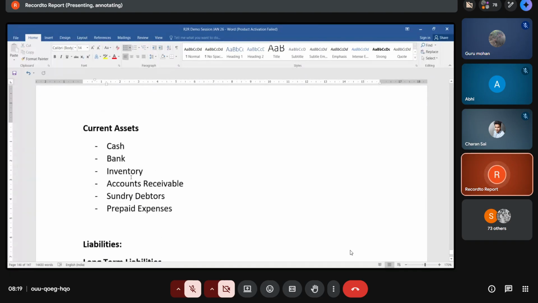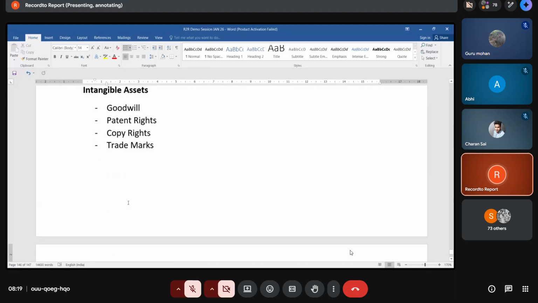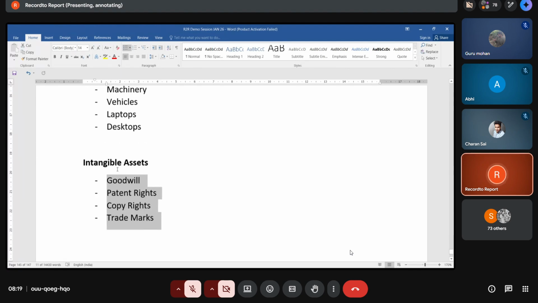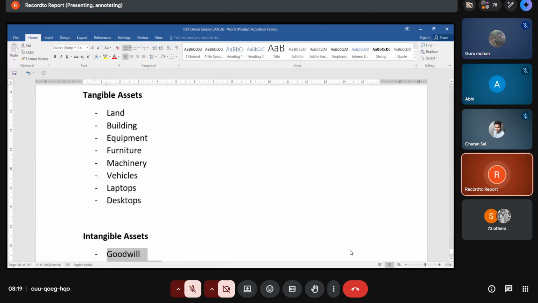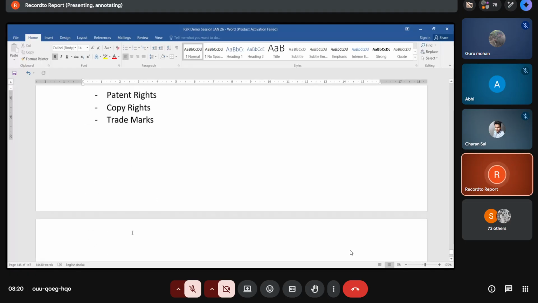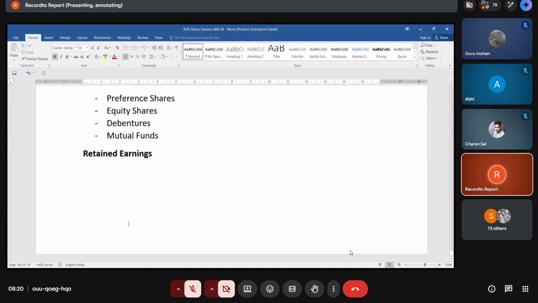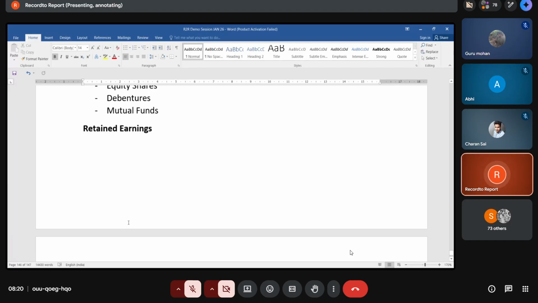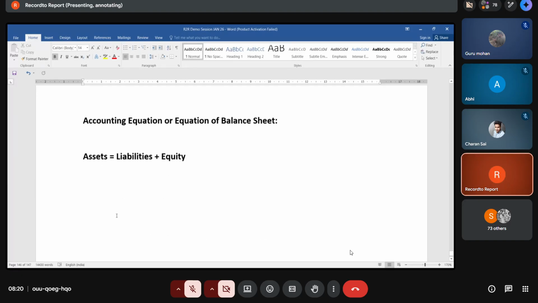Some will work on inventory, accounts receivable, sundry debtors, prepaid expenses. Some will work on goodwill, patent rights, trademarks. So each set of accounts is engaged with its own set of reconciliations, guys. Okay. Tangible assets, intangible assets, current assets. Clear? So this is the balance sheet equation and balance sheet reconciliation, guys.